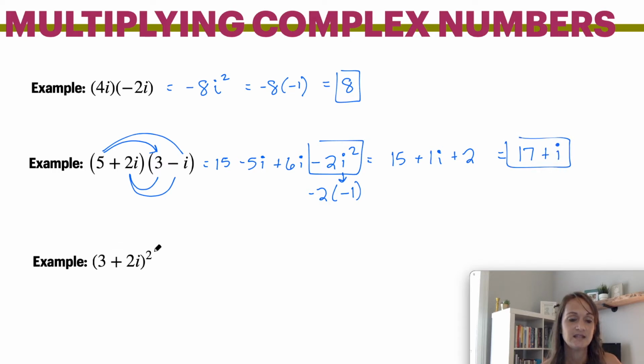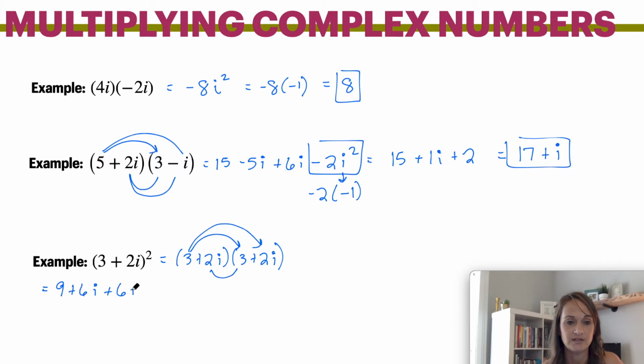In this case, you do not just square the 3 and then square the 2i. This squared means you need to take the parentheses and write it twice. And now you will FOIL. 3 times 3 will give you 9. 3 times 2i will give you 6i. 2i times 3 will also give you 6i.